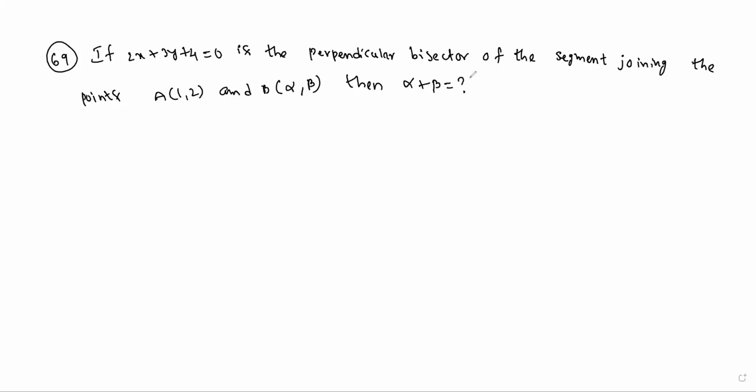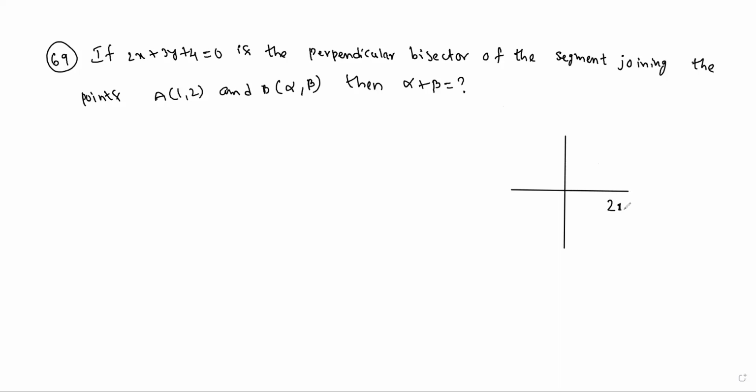Now the given line is the perpendicular bisector of the line segment. Here, same as before, I have to apply the image formula. It's very easy.